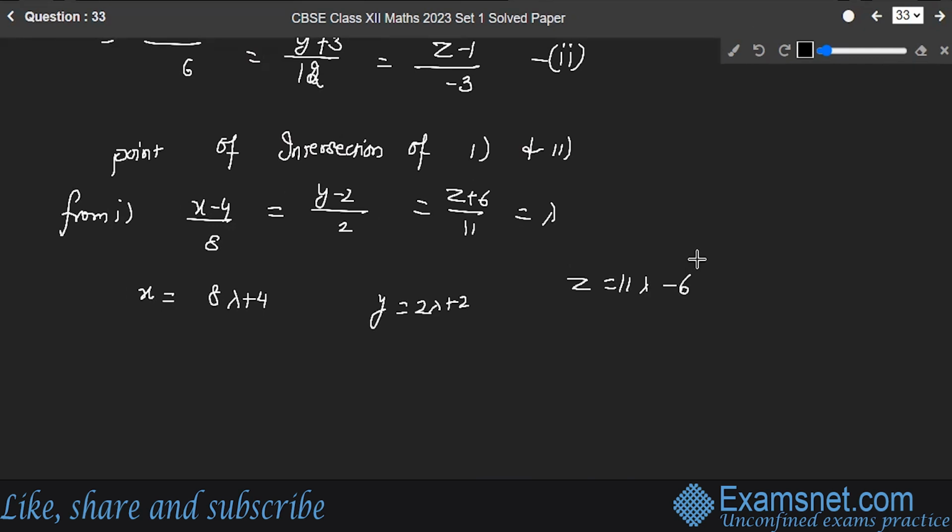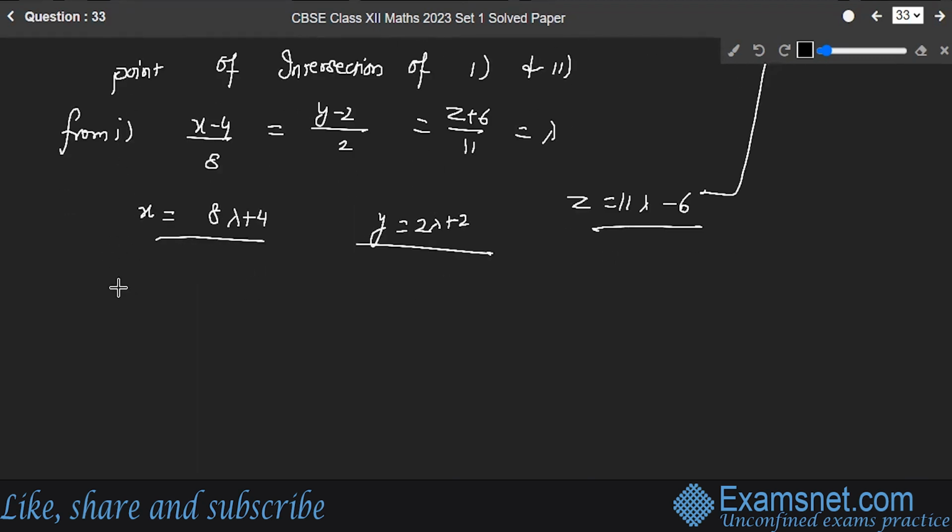Since both of these lines, 1 and 2, are intersecting, they have a common x, y, z. So this x, y, and z satisfy this equation as well. So I will substitute that in equation 2.